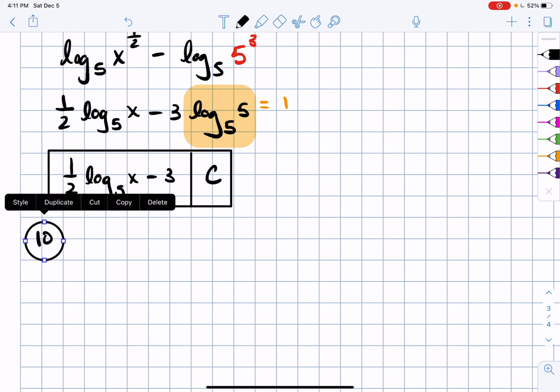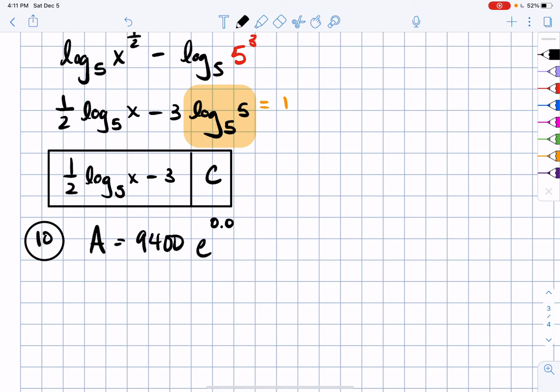All right. So the equation that's given to you is that A is equal to 9400 e to the 0.061 t. Okay, but what it's asking for is what percentage. Okay, and the percent is literally given to you already, and it's right there.